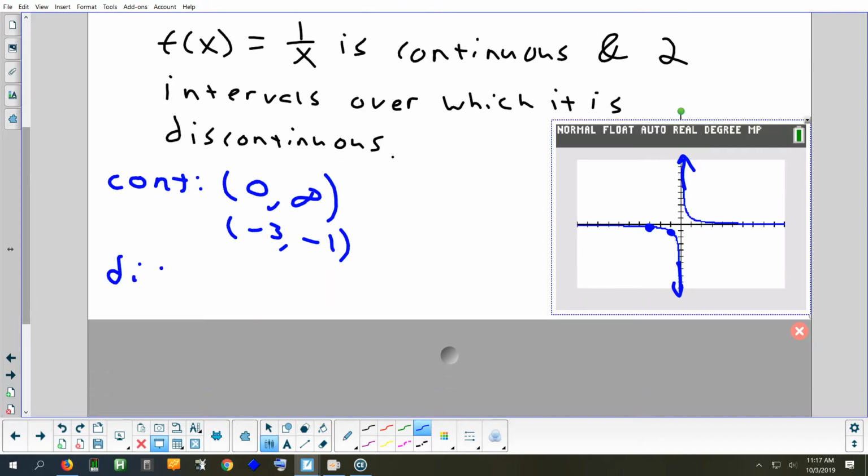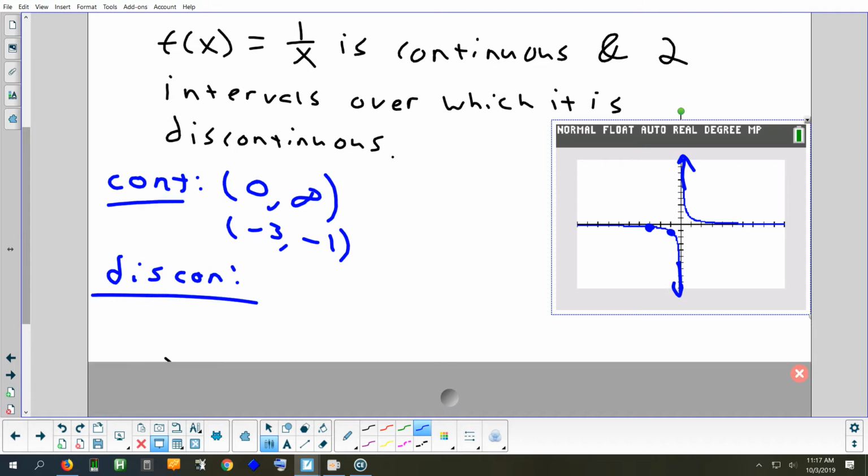Now, could someone give me an interval that is discontinuous? Meaning you give me a starting and a stopping point, and I can't get from your starting to stopping point without lifting my pencil on this graph. Yep. -1 to 1. Basically, any interval that crosses what number? 0.